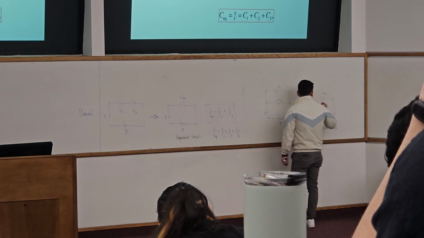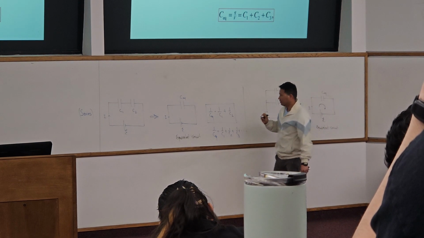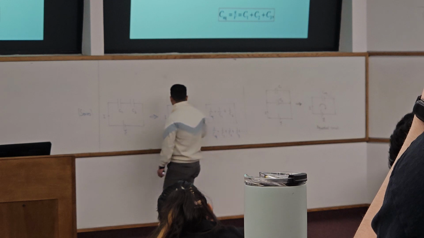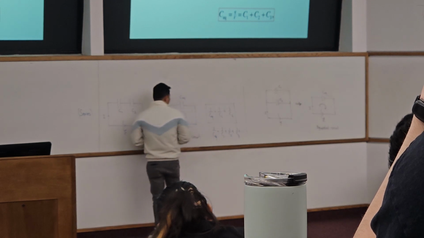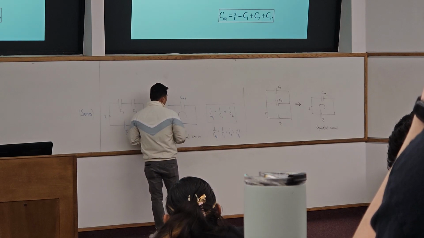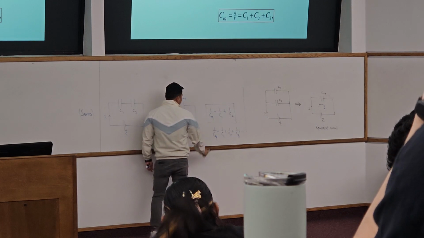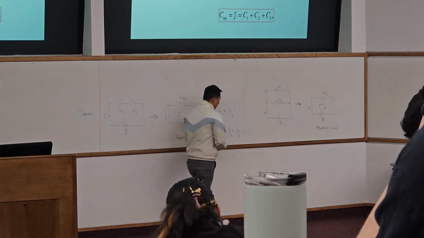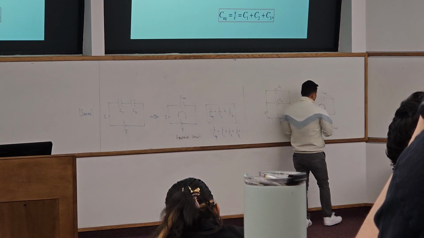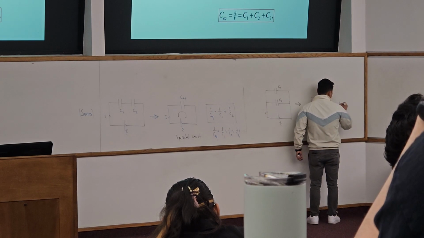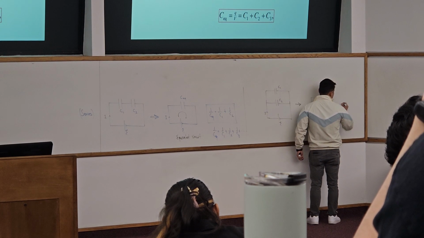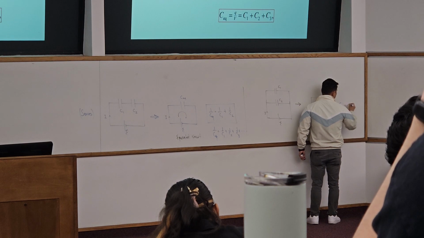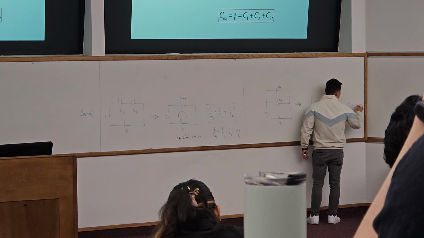Okay? But it looks the same. The current makes a loop over here. But here, the way you calculate the equivalent capacitance is like this. And for this, the equivalent capacitor is given by C equivalent, which is simply C1 plus C2.